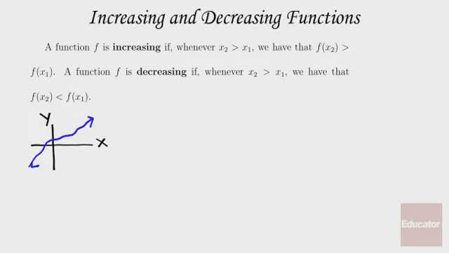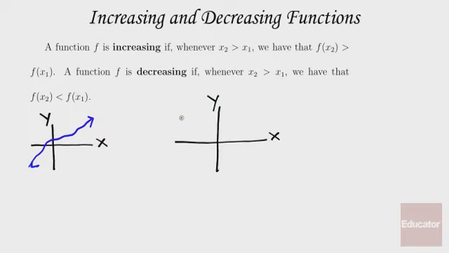Okay, so for a decreasing function, we have the situation in which whenever x2 is larger than x1, f of x2 is actually less than f of x1. And so I'll draw a rough sketch of something that would be a decreasing function.